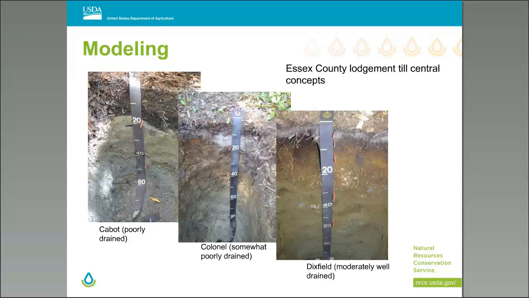So for Essex County, for the lodgement till Katina, we targeted 3 soil series for our central concepts, and that was Cabot, which is the poorly drained member of the Katina, and the Kernel, which is somewhat poorly drained, and Dixfield, which is actually now Peru, and that's moderately well drained, and that's as dry as it gets for our basal till Katina. And again, you need to know your target class to be able to define it. And for Essex, we based it around these soil series, but it doesn't have to be soil series.